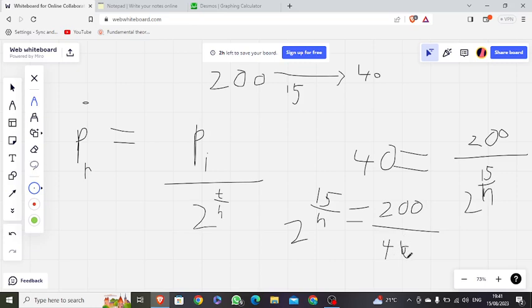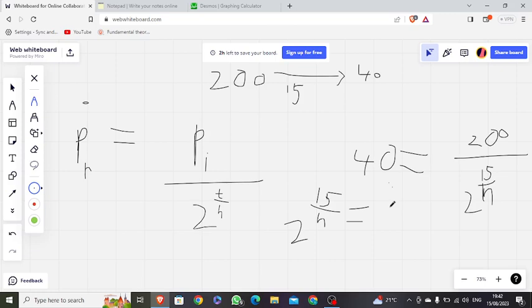You can cut the 4 and keep it 1. 10 over 2, 5. So it equals 5.